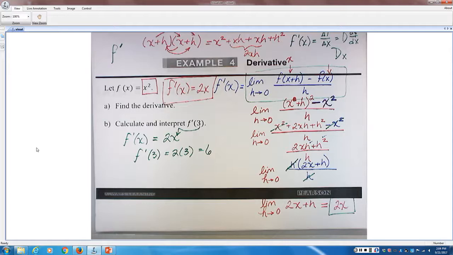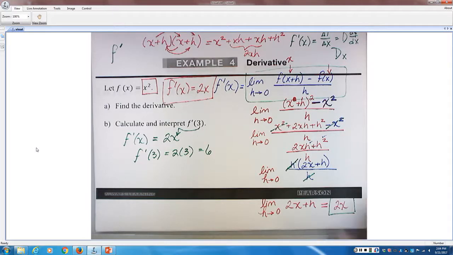And then the third thing that you do is you take what you have left after you subtract the original function from it, and you factor out the h that's going to be in both the numerator and the denominator, and you're wanting to cancel the h's. If you can't get it to cancel out the h in the bottom completely by the time you come to the last step, you made a mistake somewhere between here and here. Because there are certain things that happen at every step.